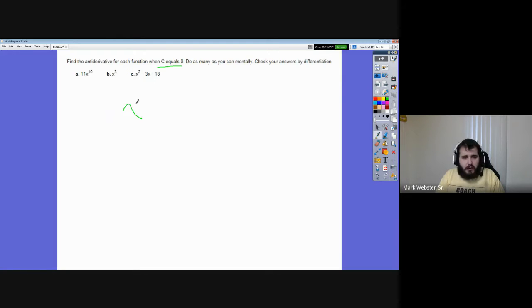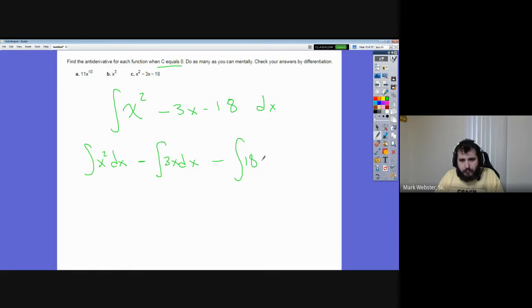And we're going to integrate this whole expression with respect to x. And if I do that, then I can just do each of these separately. What I'm really doing is I'm just distributing this over everything.